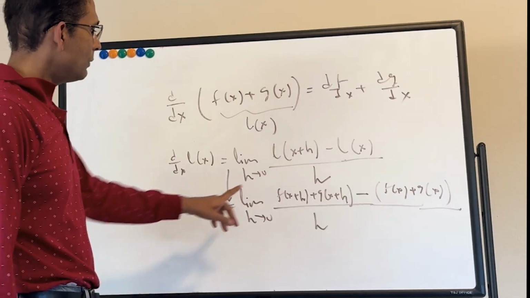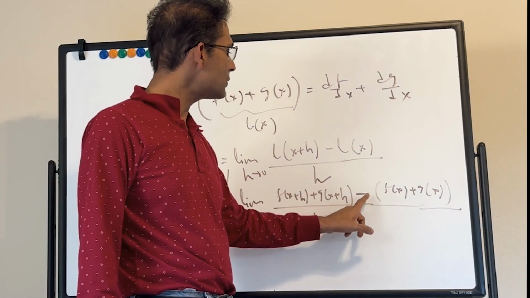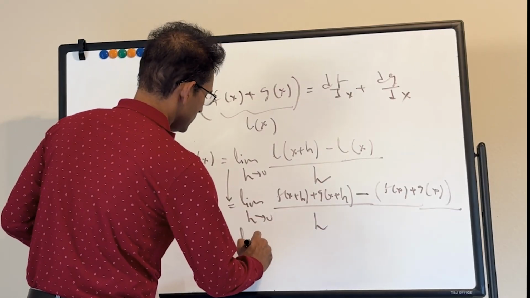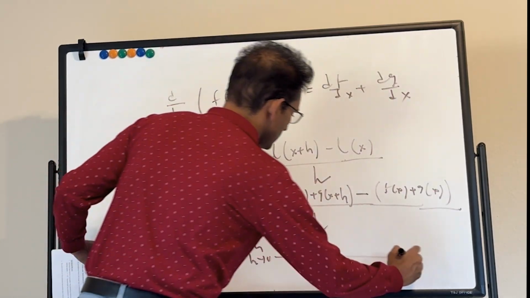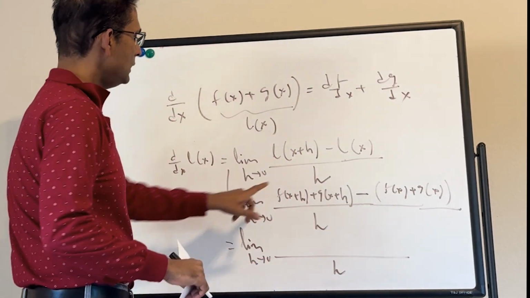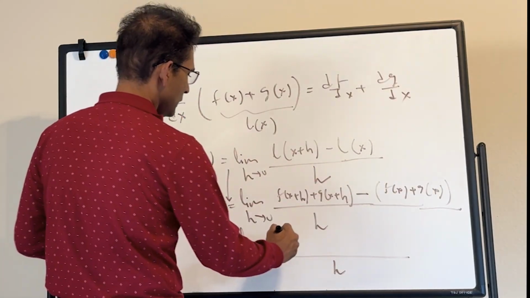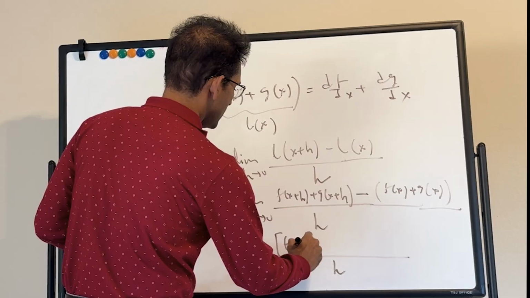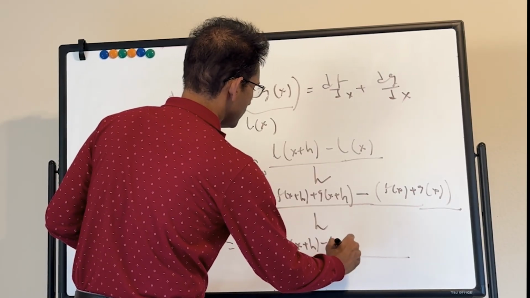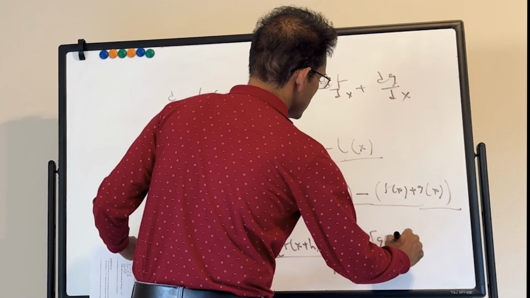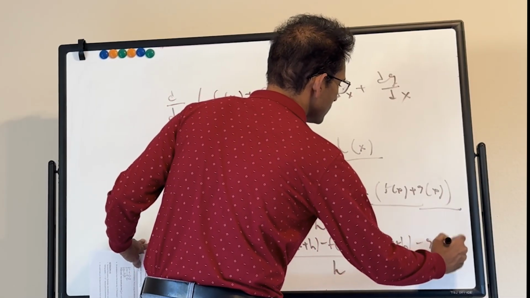Now you see you can distribute this negative sign to these two terms, right? And if you do that, you can write this expression with the two side by side with the proper negative sign. So you can write this as f(x+h) minus f(x), and then plus g(x+h) minus g(x).